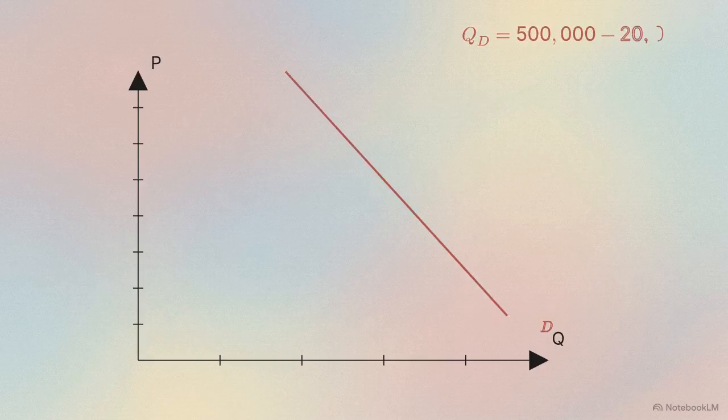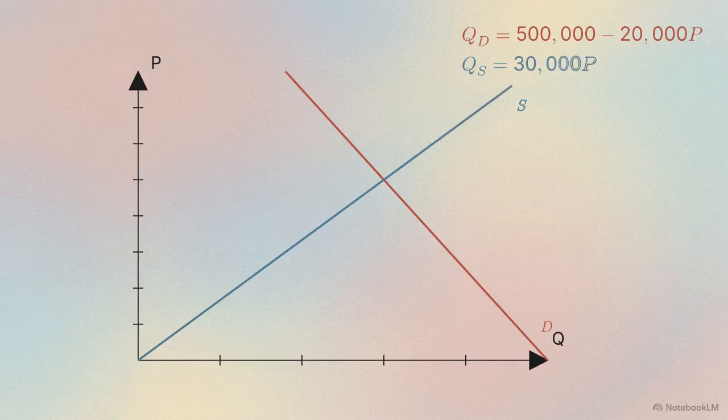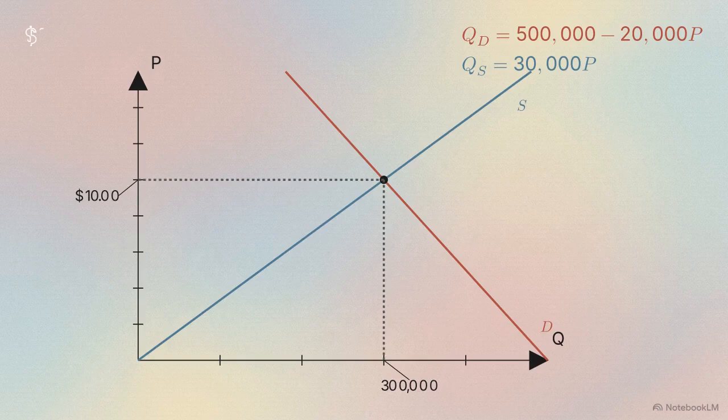Consider a market where demand is 500,000 minus 20,000 P, and supply is 30,000 P. At equilibrium, demand equals supply. Solving for P gives us an original market price of $10, with 300,000 units sold. Now we introduce a specific tax of $1 per unit, levied strictly on the sellers. To find the new equilibrium, we update the supply equation.